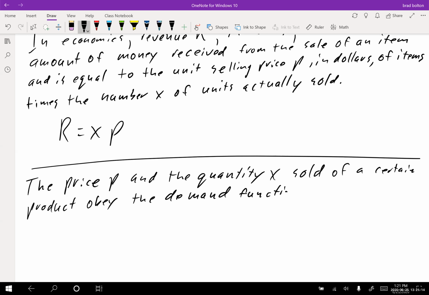Oh, demand equation, sorry. Okay, so we have P equals negative 1/6 X plus 100. This is what they're telling us this particular product it sells for. And then the X has to be between 0 and 600. So this company can't produce less than 0, but it also can't produce more than 600, okay?